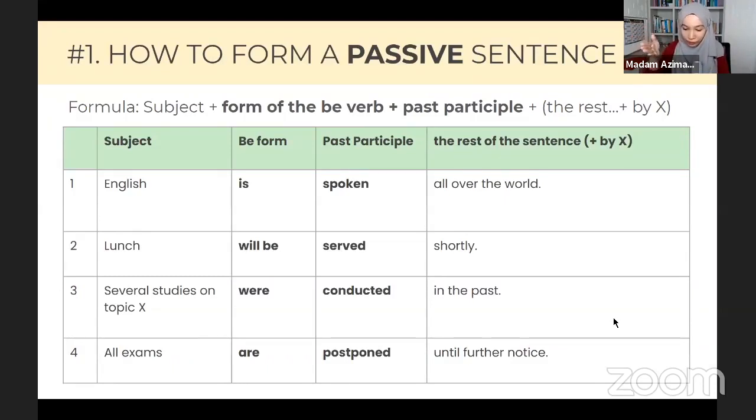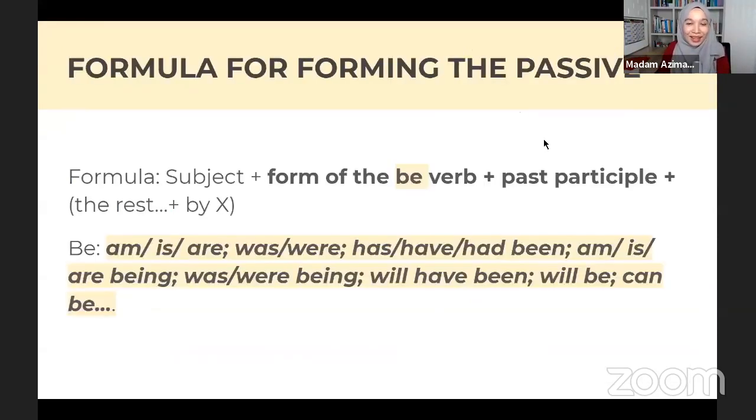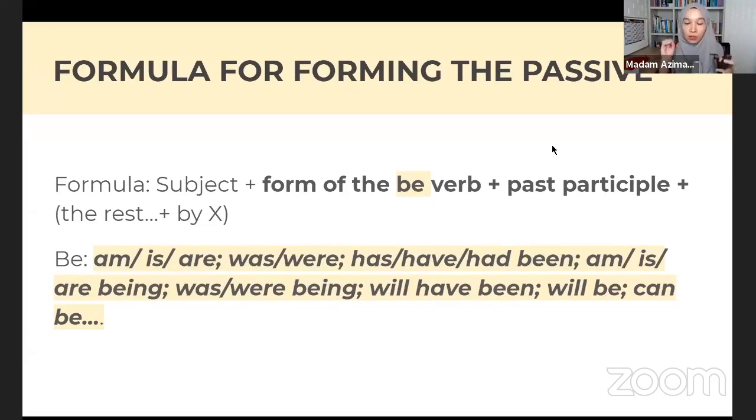I want you to screenshot this, if you have space on your camera, okay? This is the formula and this is what we're going to go back to again and again and again. So even though I said it earlier, here the formula is subject plus form of the be verb plus past participle, we've talked about past participle, plus the rest of the sentence or by whoever.